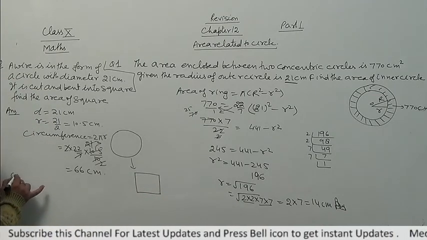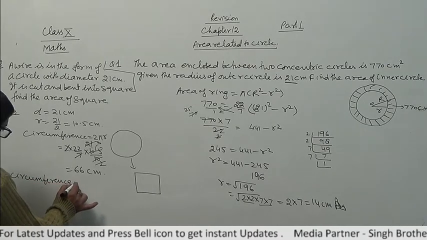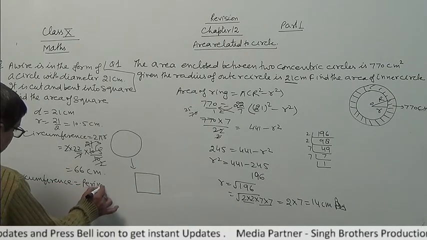So circumference is equal to perimeter of square.